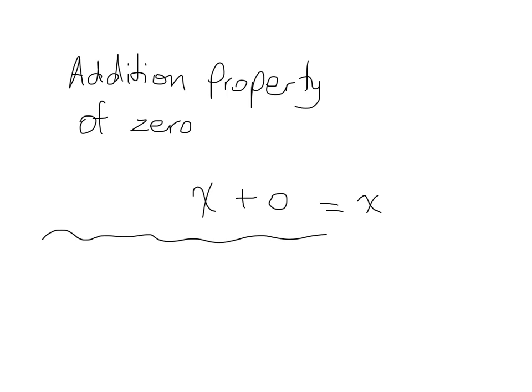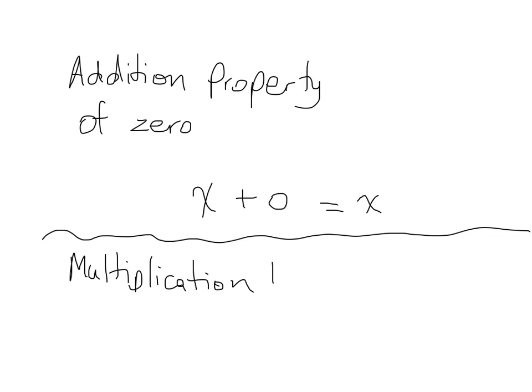But slightly different is the multiplication property of 0. These are long phrases. Okay, so you probably know where this is going, but I'll still go over it. If we multiply any number by 0, the answer is always the same.